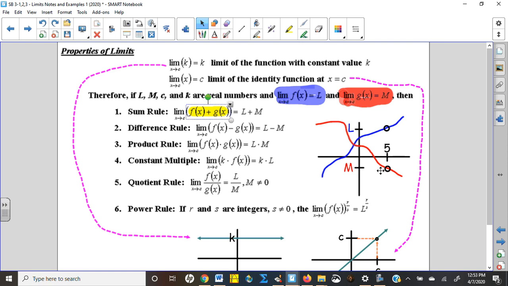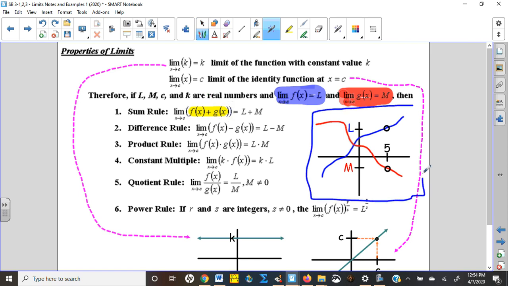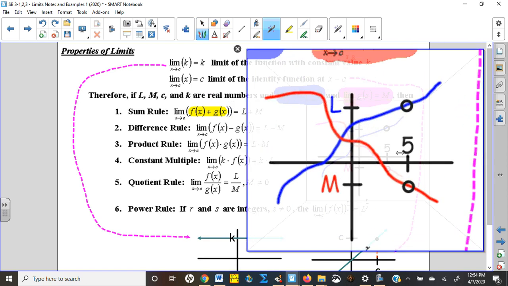If we take the limit of f of x plus g of x, and I'm just looking at this little picture I made here, as x approaches 5, and one of the limits is L, and one of the limits is M, I'm just going to add those two numbers together, and that'll give me what the sum of the two functions would give me at 5, basically, is what that's telling me.